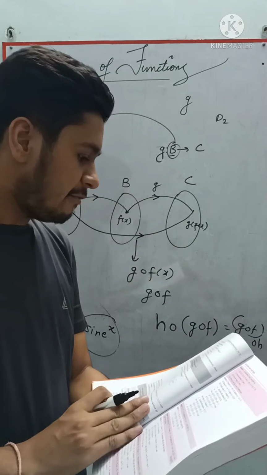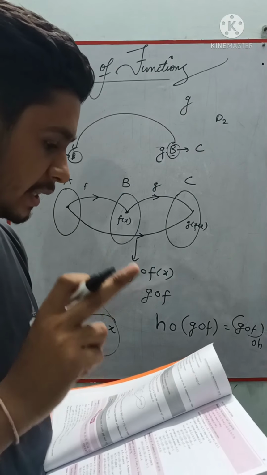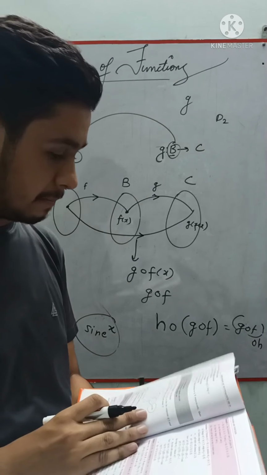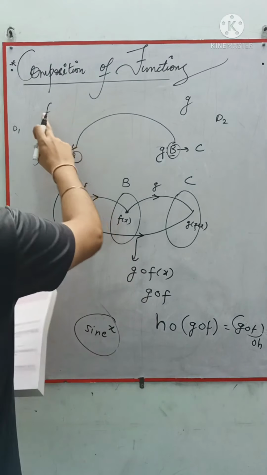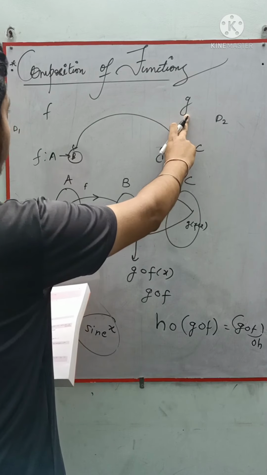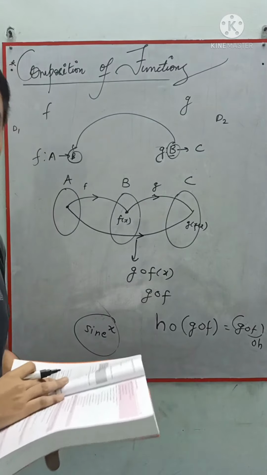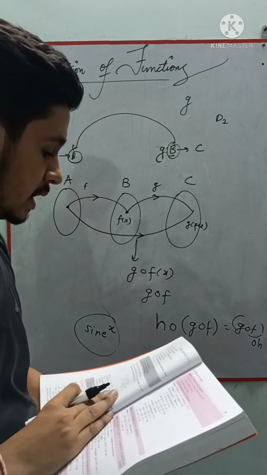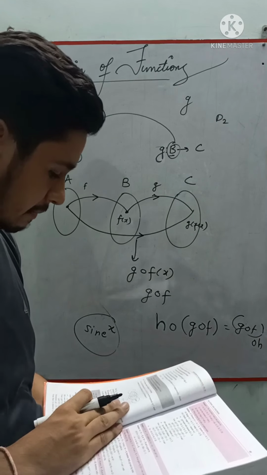Then if f and g are both one-one, then g of f is also one-one. If f and g are both onto, then g of f will also be onto. This you have to remember.